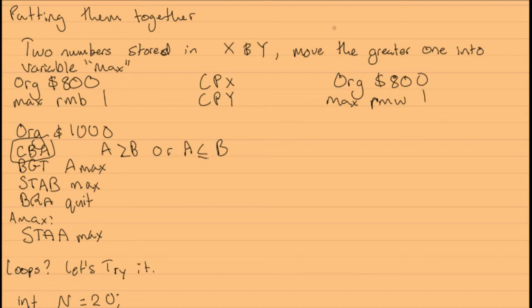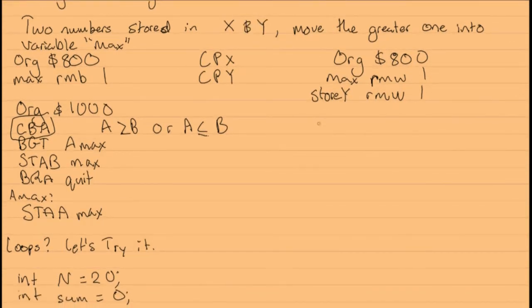Okay, so now I need a way to compare Y to X without directly comparing them. So why don't we reserve a location here to store our register Y? Here I'm reserving one word, and I'm calling it store Y, and that's exactly where we're going to store our number inside register Y. So now I'm going to start writing my code to figure this out.